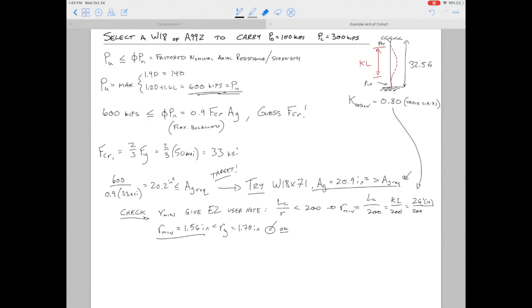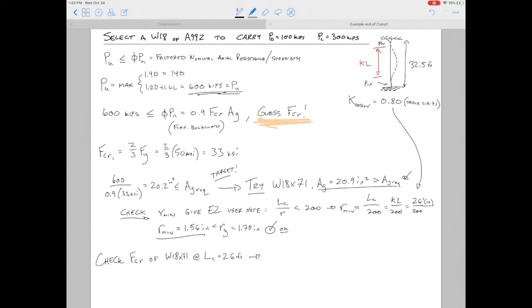So, does that mean I'm good? Can I just go ahead and pick this one? No. Now I need to check the F critical of the W18 by 71 with a length of 26 feet, because remember, I just guessed F critical.